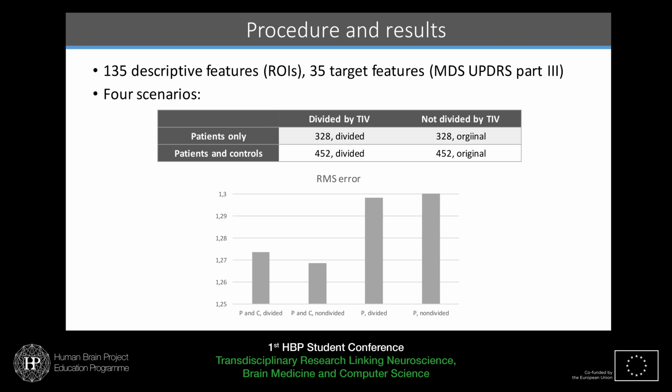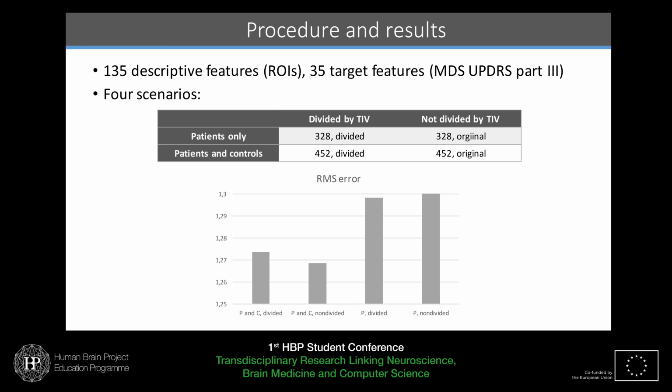Now, we have 328 patients, and we have 124 controls. We have 4 different scenarios. First, we can take only the patients, and then we can take both the patients and the controls. And we can also divide the descriptive features, the regions of interest, by the total intracranial volume of each patient's brain.